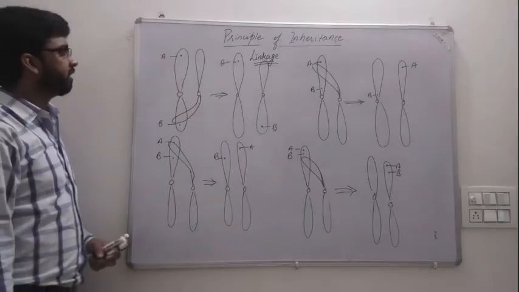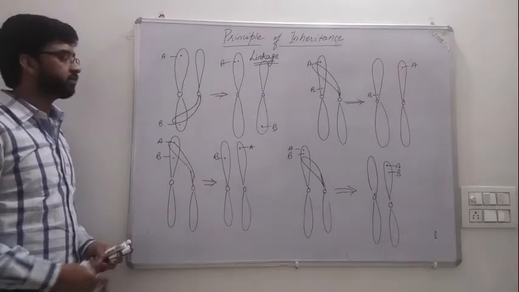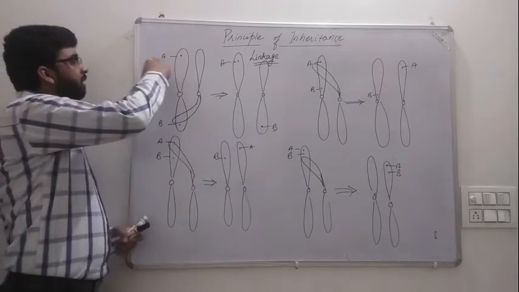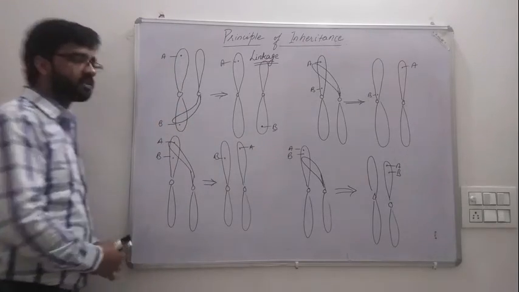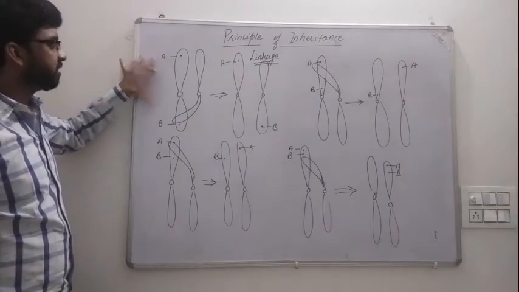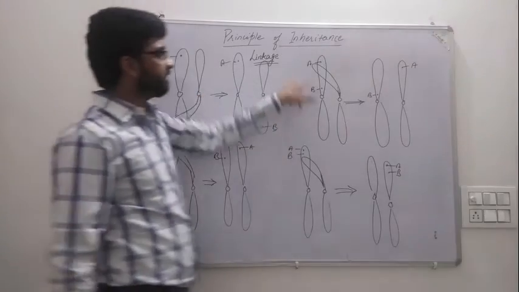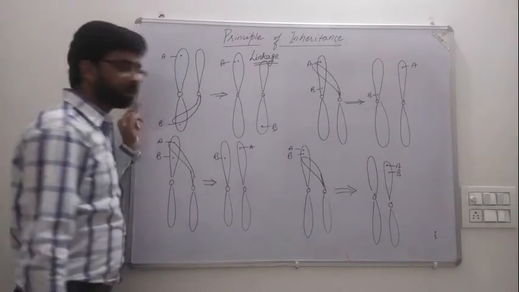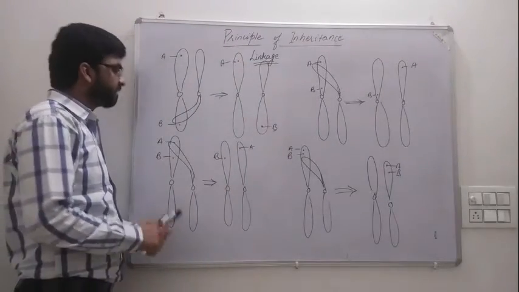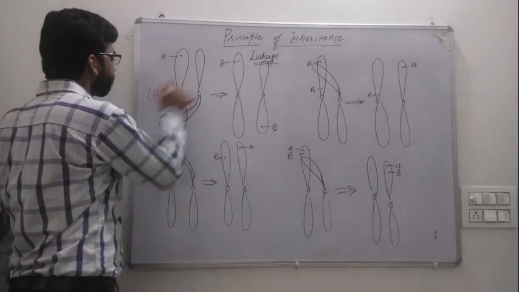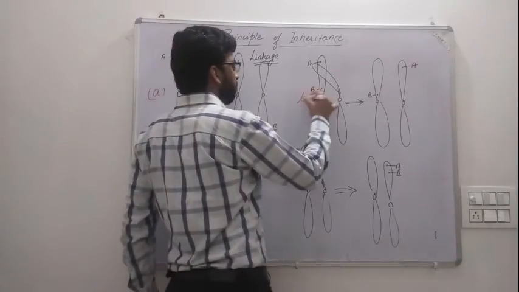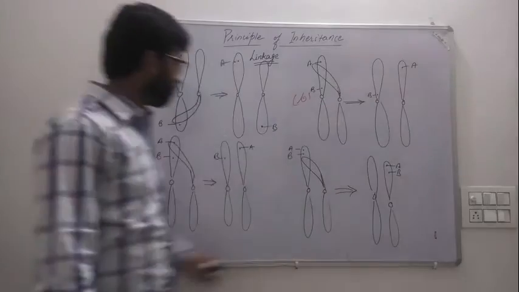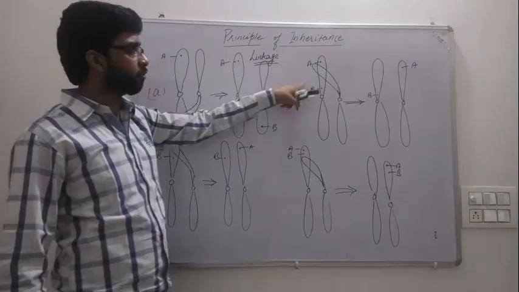So what we have to see in overall conclusion is that here gene A and gene B, the distance is far between these genes. Here the distance is lesser, as compared to the first one. We mark it as A, this is B. Crossing over is done here also, and both genes on the same chromosome get separated.